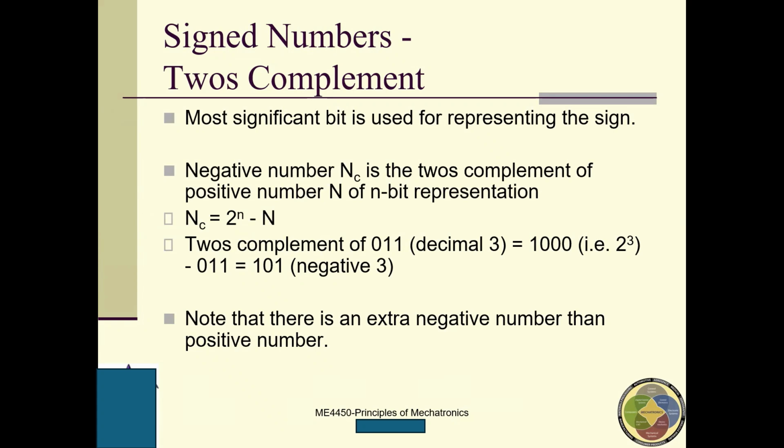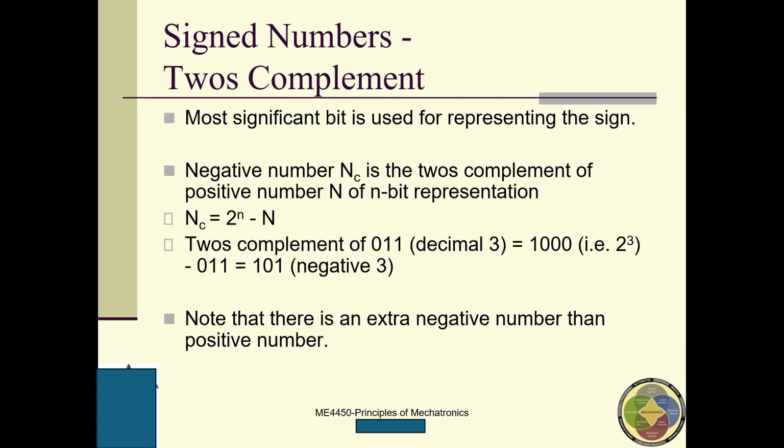For example, look here. This is a positive number, and this NC is its two's complement. So if you want to calculate, NC is 2^n minus the number, where n is how many digits you have.